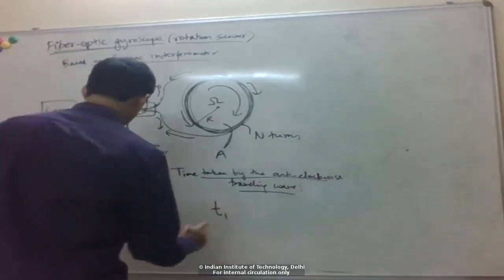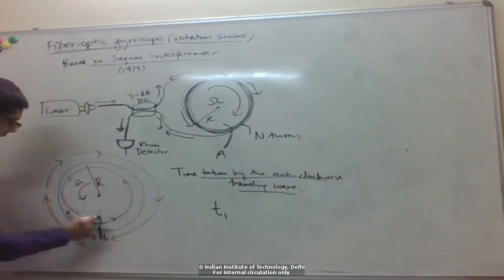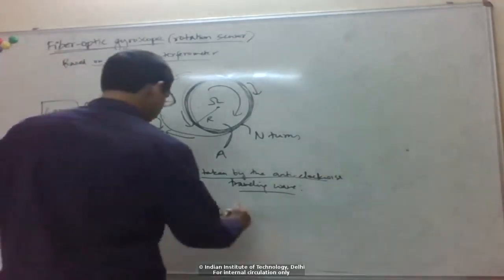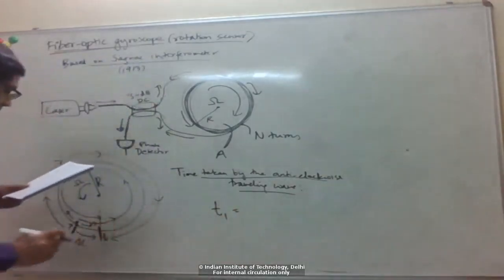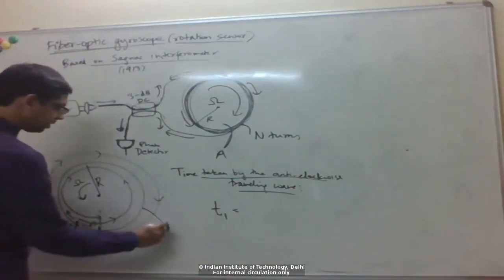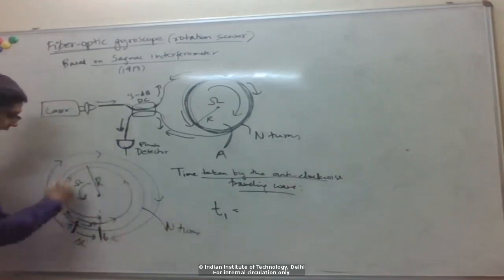So what is the time that it took to go around this path, starting from this input and then coming back out this output? The distance traveled, let's say this could have n turns, so the light travels n times around the circumference before coming out.